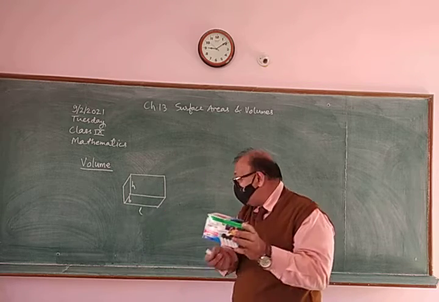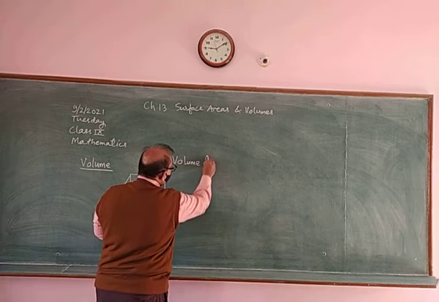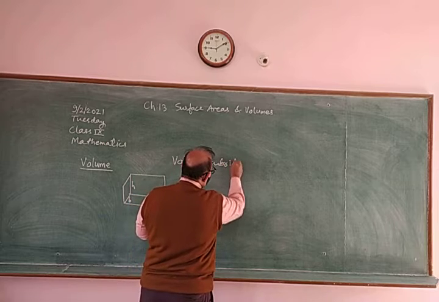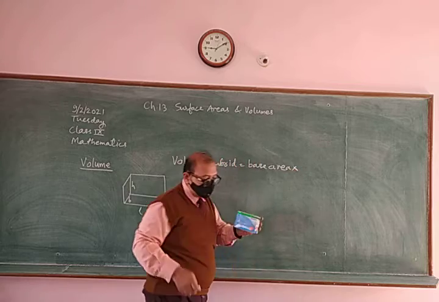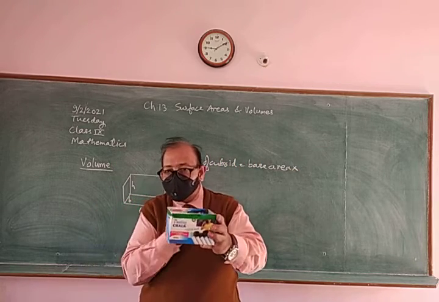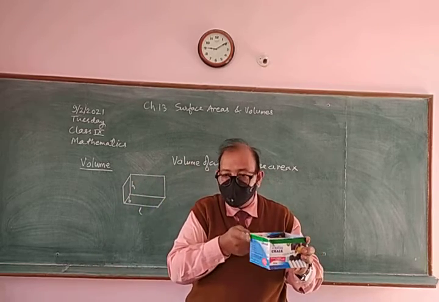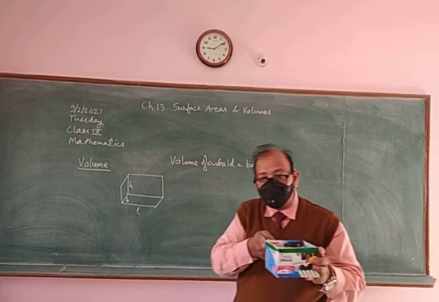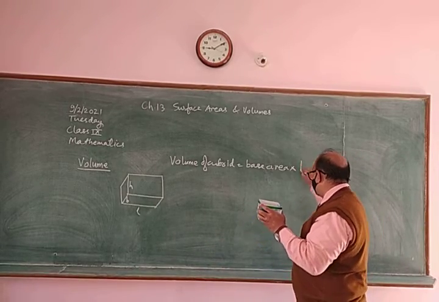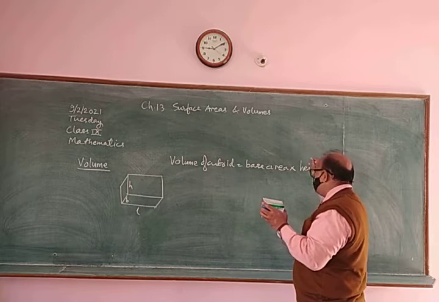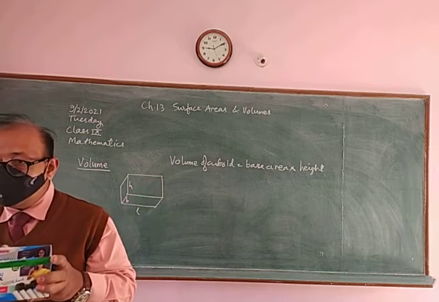So volume of cuboid is equal to base area into height, as there are many slices and the slices go up to height h. So volume of the figure is base area into height.